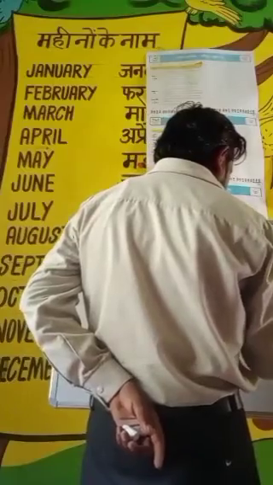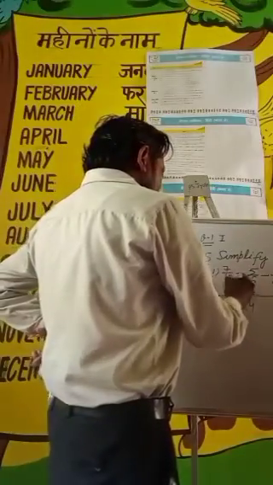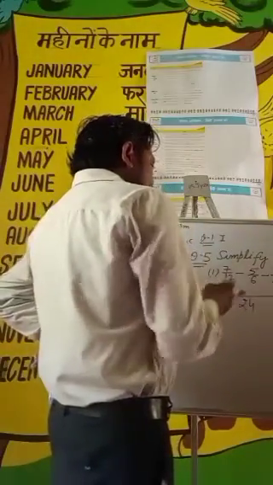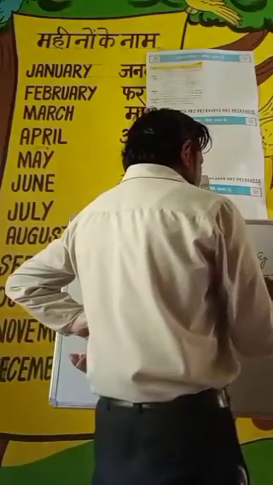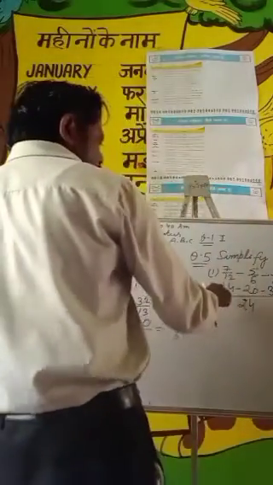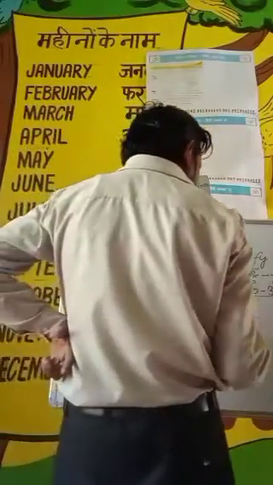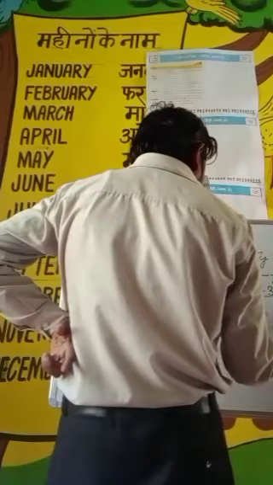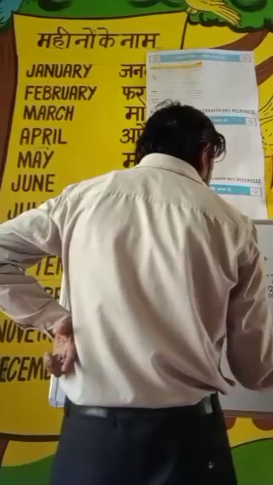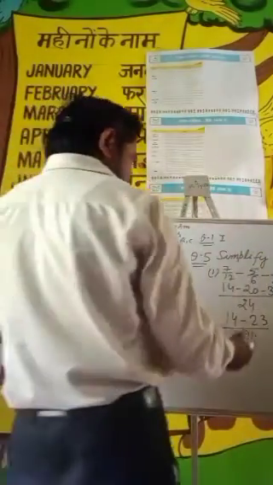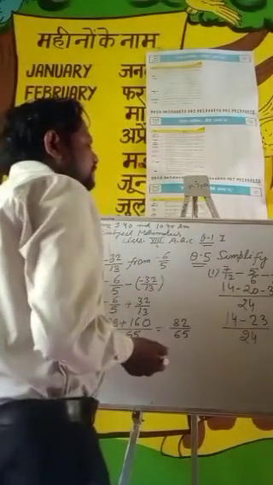The LCM is 24. 12 to the 24, 2 7 is 14. Minus 6 4 is 24, 5 is 20. 8 3 is 24, 3 1 is 3. So 14 is positive, minus 20 and minus 3 is negative. So minus 20 and minus 3 add, minus 23 upon 24. Then 14 opposite sign, so 14 will be subtracted from 23.